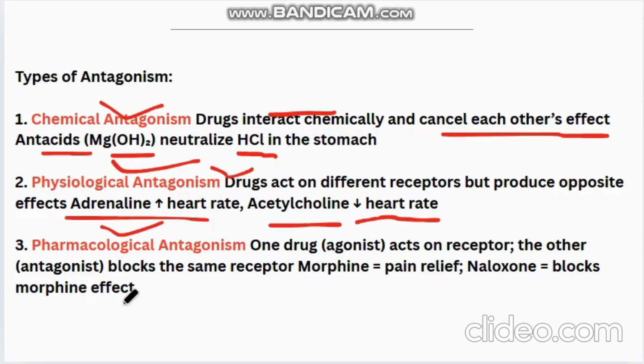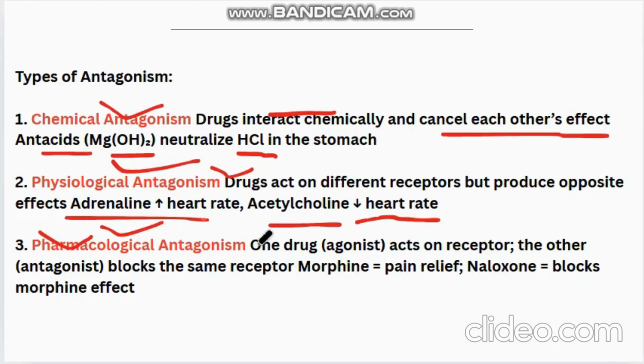And another case is pharmacological antagonism. It is another type of drug antagonism. Here one drug acts on a receptor, and the other drug blocks the same receptor.